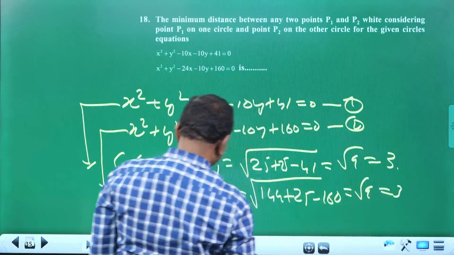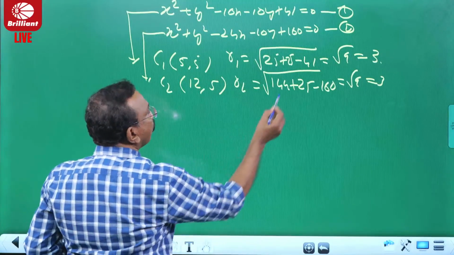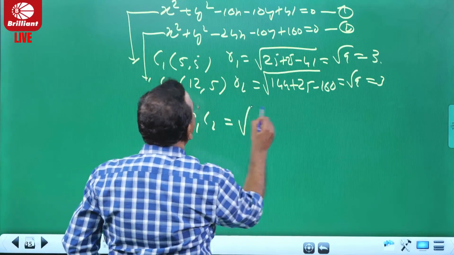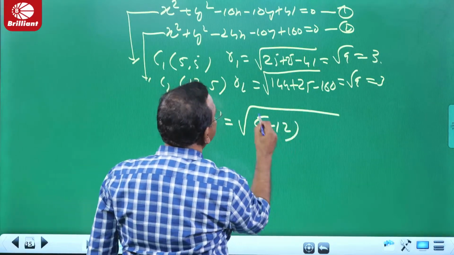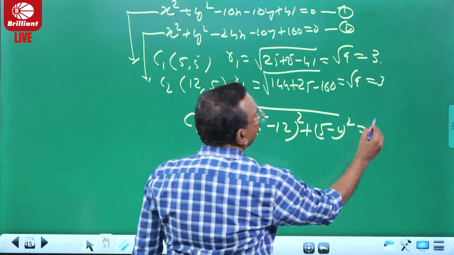They are equal radii. Now we can see the sum of the radii and the distance between the two centers C1, C2, which is equal to root of (5 minus 12) the whole square plus (5 minus 5) the whole square, which is 7.